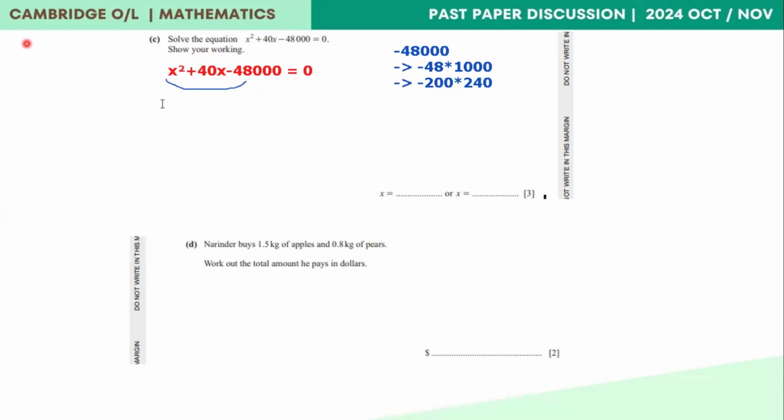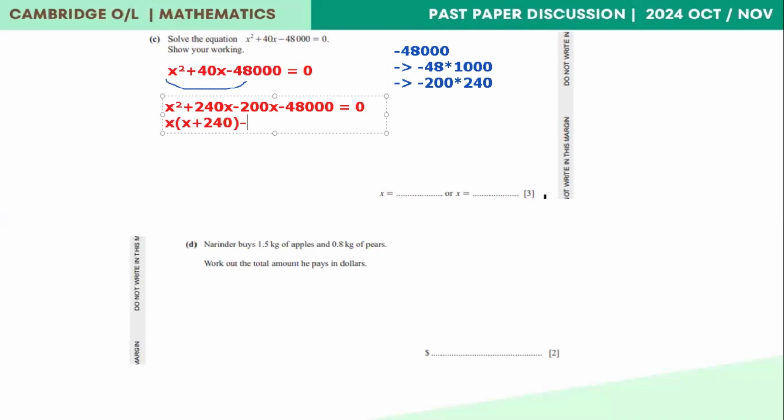Therefore, it would be x square plus 240x minus 200x minus 48,000 equal to 0. Now we can simply factorize. We take the x out: x plus 240.